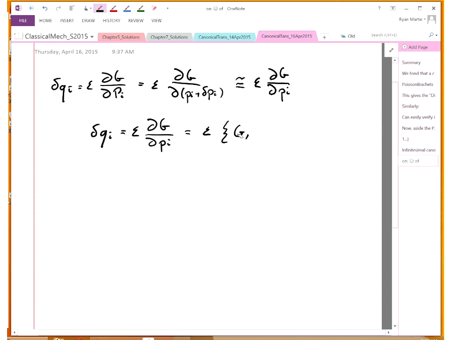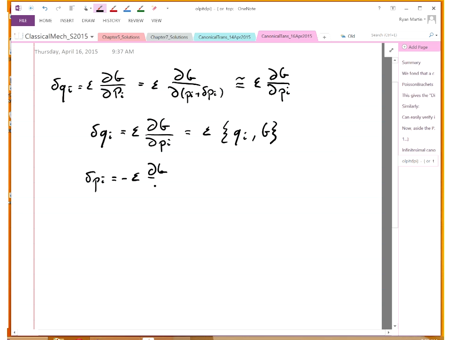Now if you remember things about Poisson brackets, if I take the Poisson bracket of qi with G, then I get ∂G by ∂pi. That's one of the properties you have to prove. It's actually quite easy to prove.